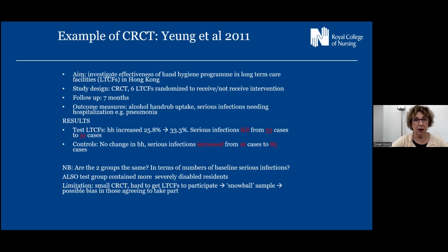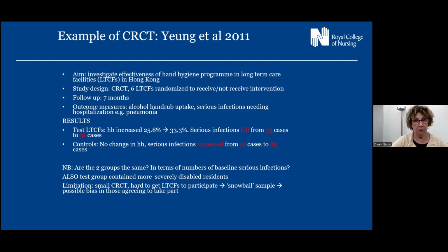And so the study design, it was a cluster randomized controlled trial. They had 6 nursing homes that were randomized to get or not get the alcohol hand rub. And the follow-up period wasn't very long in this study, it was only 7 months.